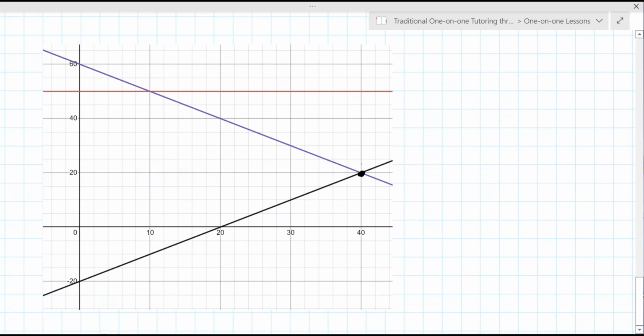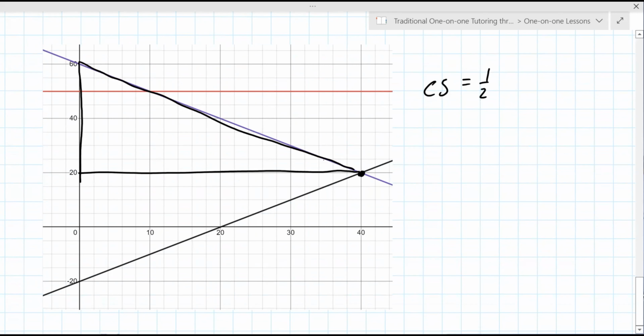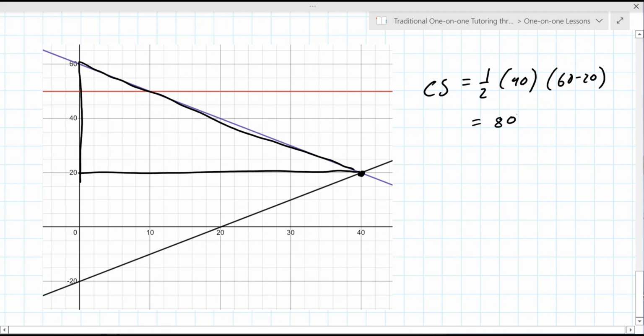So the consumer surplus is this upper triangle. Its area is 1/2, the base is 40, and the height is 60 minus 20, which is 800.